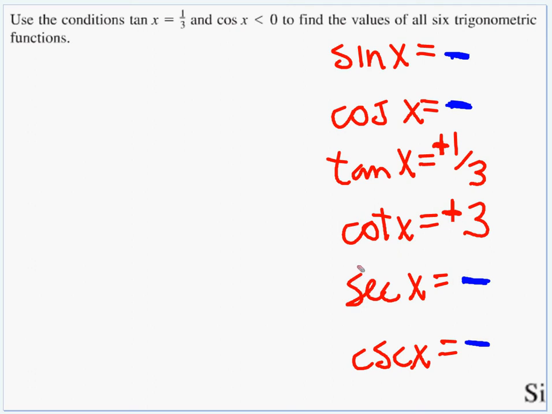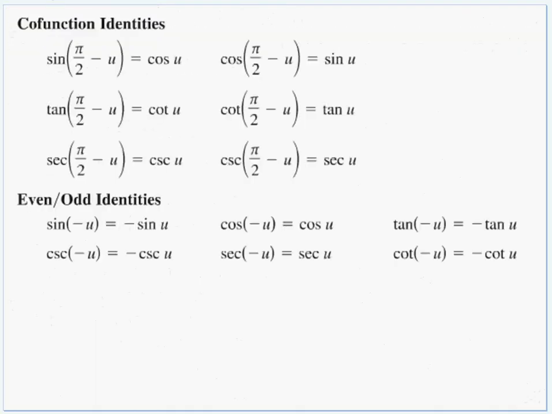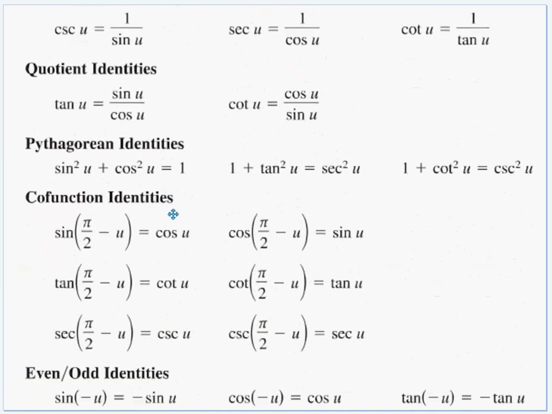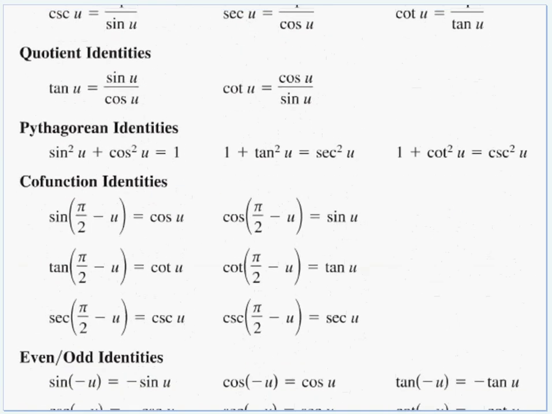So where do we go from here? In the example, we had sine or cos, and we could use the Pythagorean for the other. So let's check our Pythagoreans. Here's our formula sheet. And remember, we have tan and cotan. So here is 1 plus tan squared. We have tan. We could use that to get secant squared.